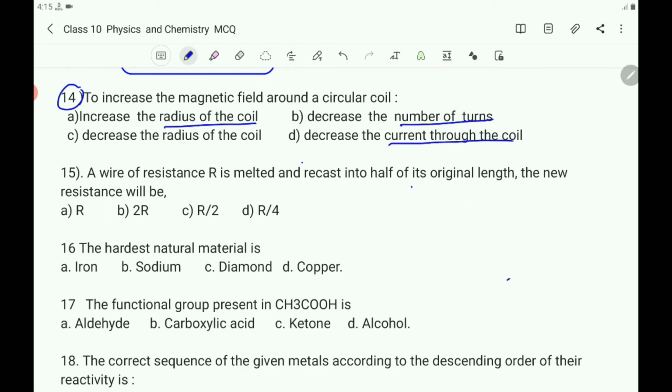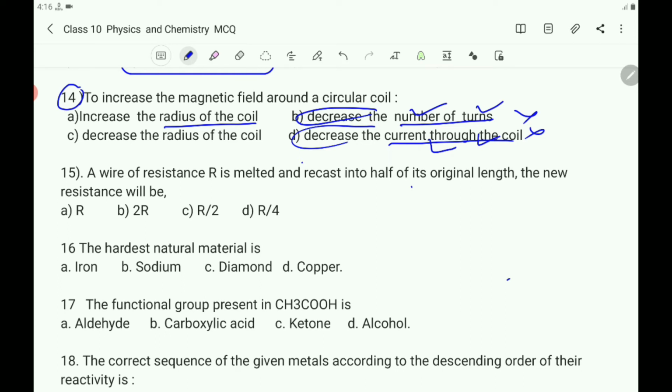As the number of turns increases, the strength of the magnetic field increases. As the strength of the current increases, the magnetic field also increases. But here they are decreased. So these two are not the correct answer, because to increase the magnetic field we have to increase the number of turns and also increase the strength of the current.